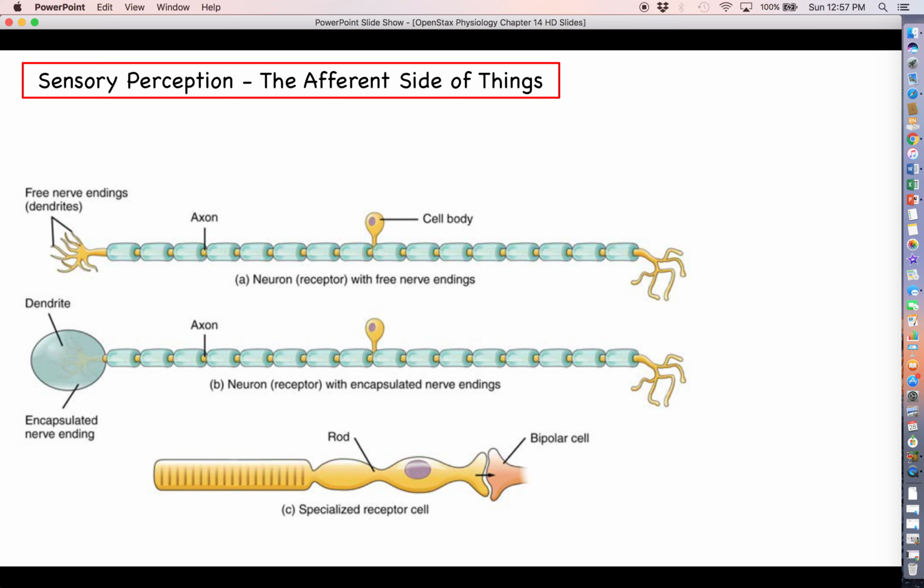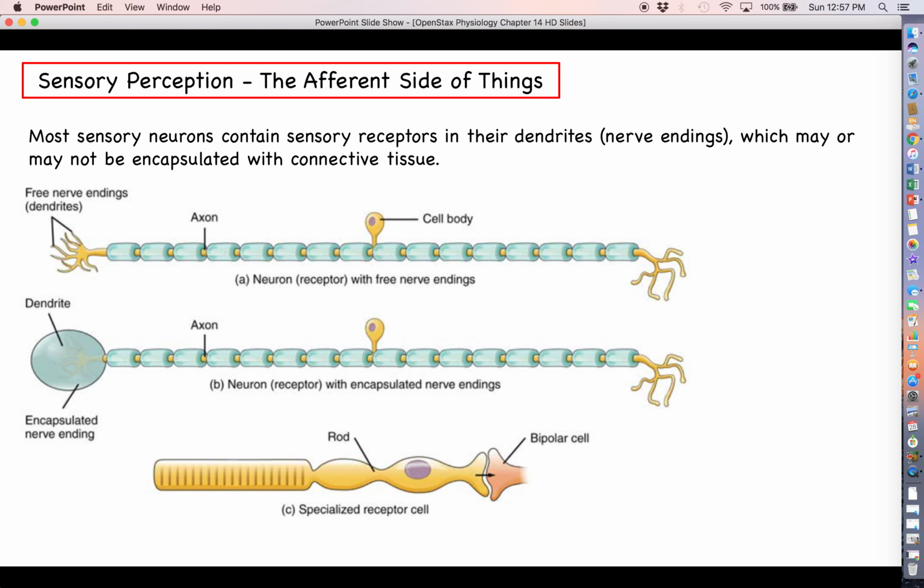So here you can see several different types of sensory neurons. The idea here is that most sensory neurons that we understand about, the most basic type, contain their sensory receptors in the dendrites, and sometimes these dendrites are called nerve endings. So these nerve endings may or may not be encapsulated by a protective layer of connective tissue, so you can kind of see both cases there.